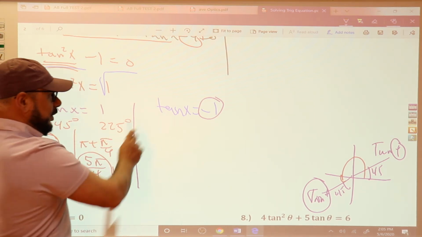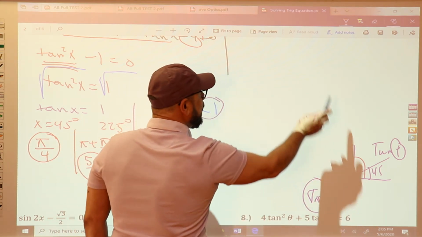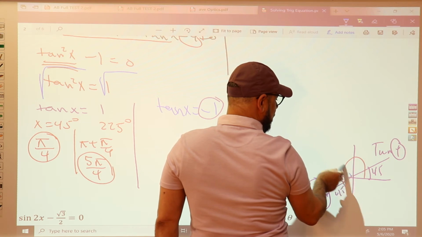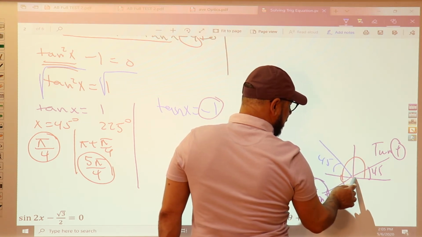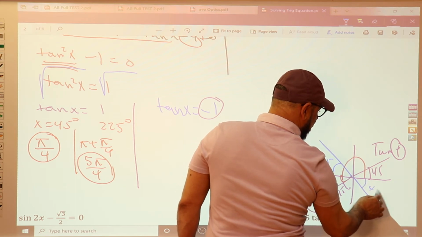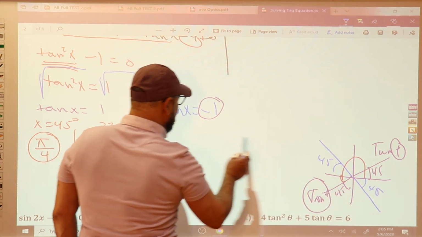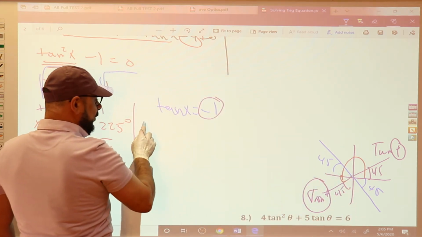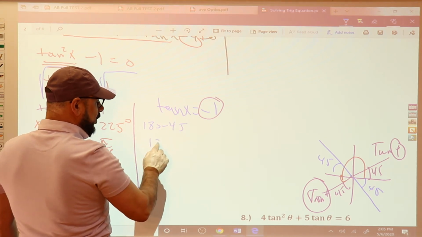Tan x equals negative 1. In the second and the fourth quadrant. Here, and this is 45, and here 45. The blue one, right? The first one, now we have 180 minus 45, which is what? 135 degrees.